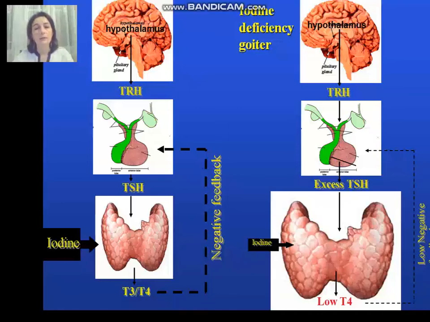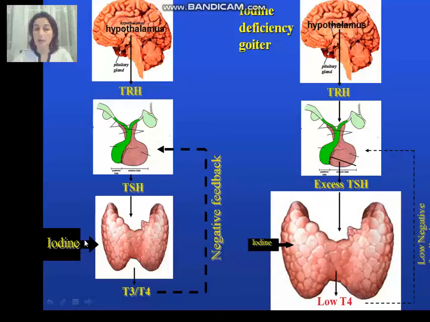And so here we can see how the thyroid gland is controlled. So the hypothalamus produces thyroid releasing hormone. It influences the pituitary, which produces TSH, thyroid stimulating hormone, and it stimulates the thyroid gland to produce T3 or T4.